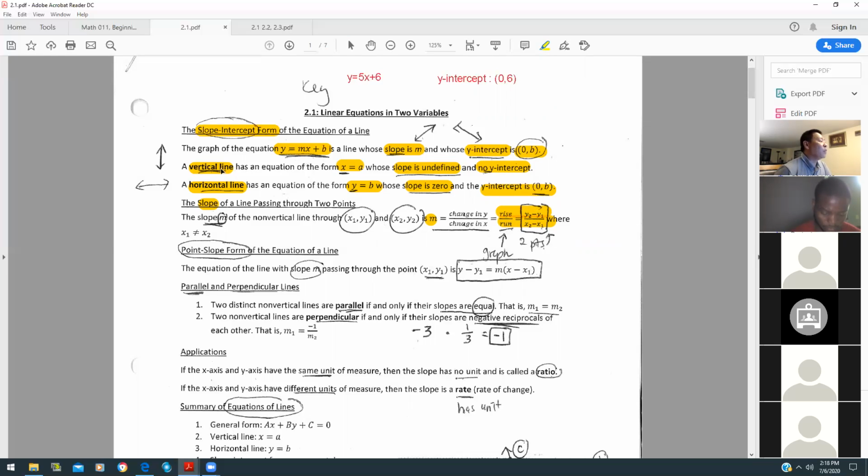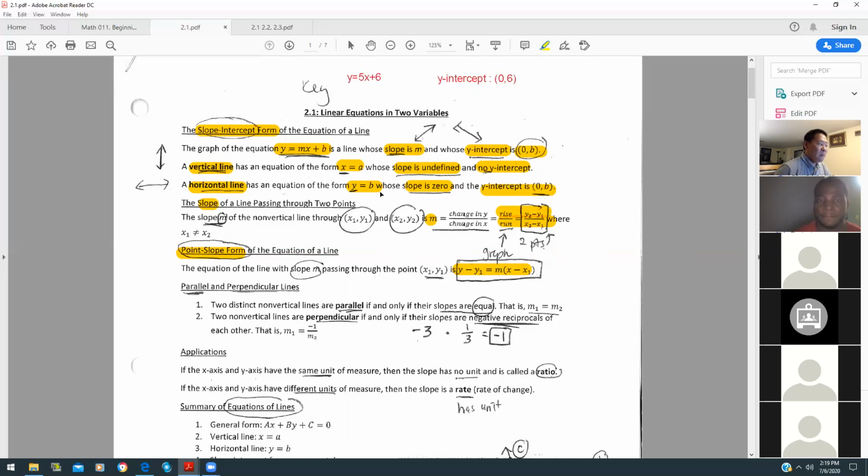Okay. There is also another equation form called point-slope form, which is this: y minus y1 equals m times (x minus x1). This comes from your slope equation. You just multiply by x2 minus x1 to this side, and you get this equation.